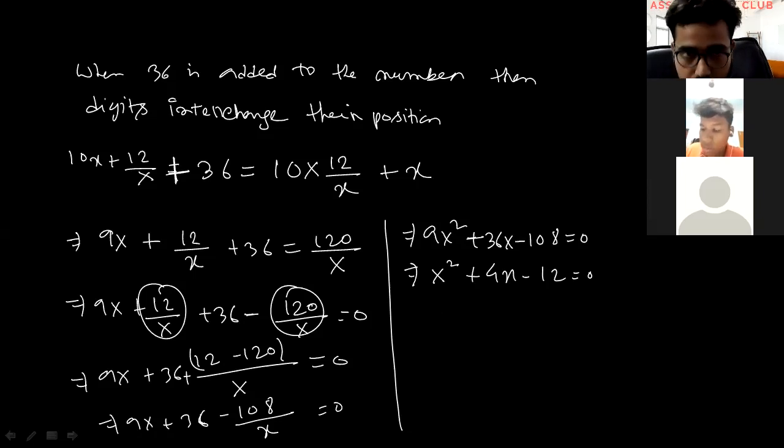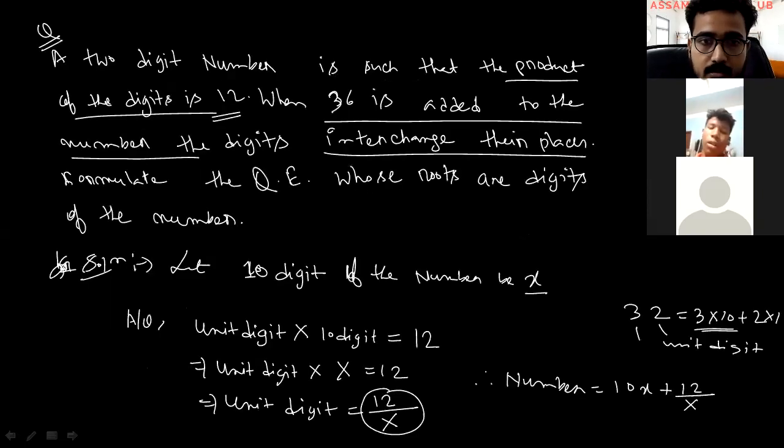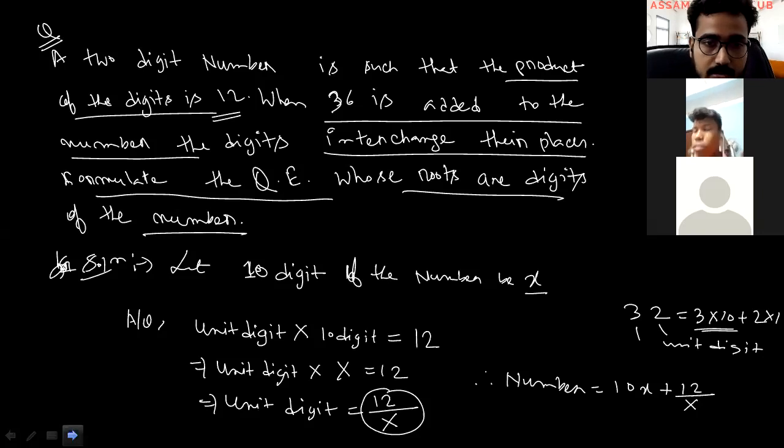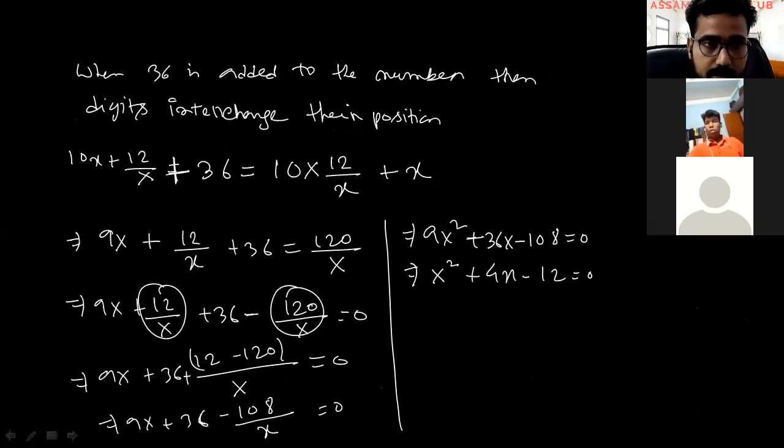Yes. Now you are not asked to find the value of x. See the question. Formulate the quadratic equation. That means you just have to form the quadratic equation whose roots are the digits of the number. Now see, x and 12 by x are the roots. Solving your given situation, we have found the quadratic equation.